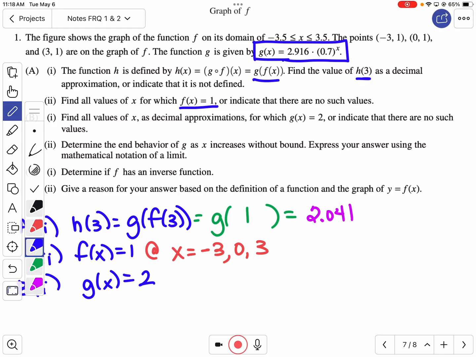So we're going to put g in y1, and then the other one, 2.96.7 to the x, in y2. And we're going to get that decimal approximation. I think it crosses once, at 1.057.